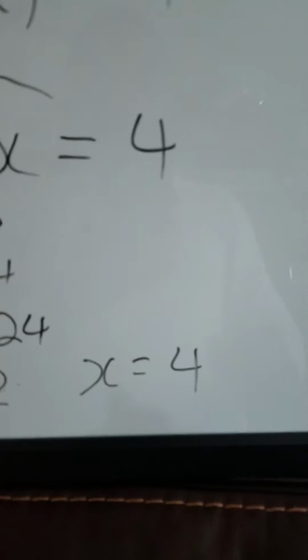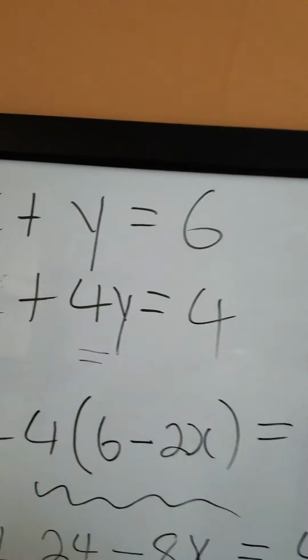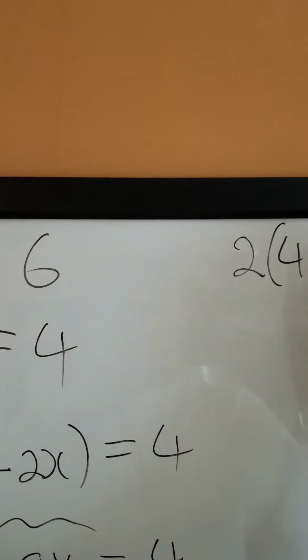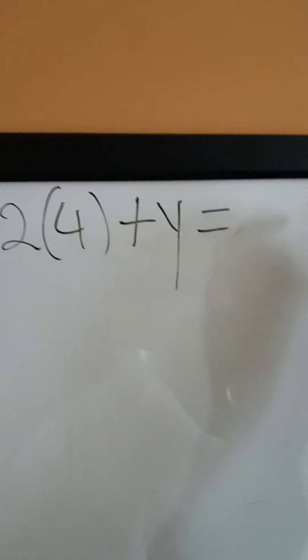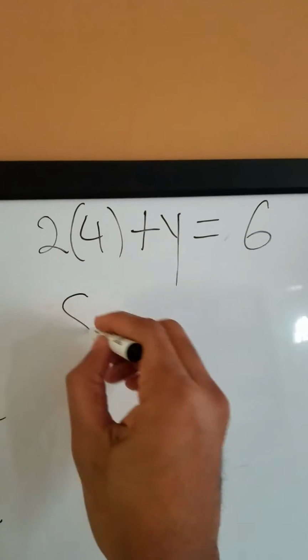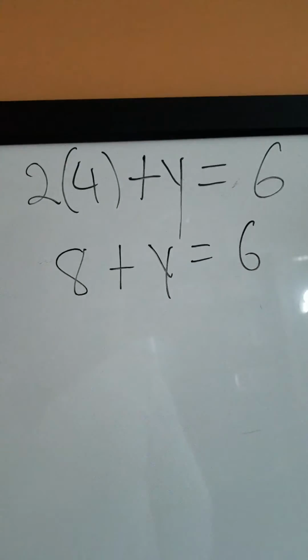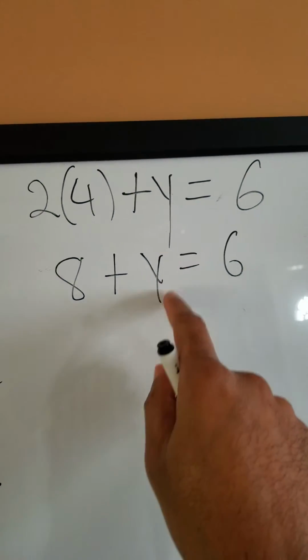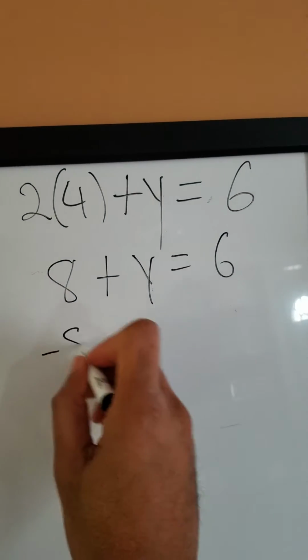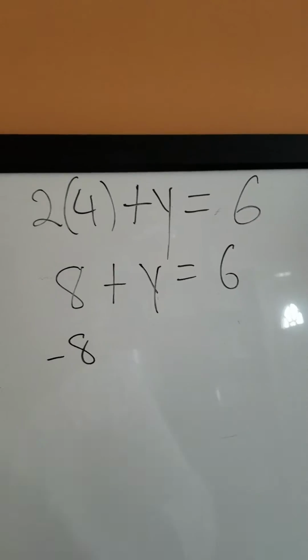So now that we know that x is equal to 4, we can take this top equation and write 2 times 4, which is the value of x, plus y is equal to 6. We know that 2 times 4 is 8, so we know that 8 plus y is equal to 6. How can we find y by itself? We simply subtract 8 so that we can get rid of it and isolate the y by itself.